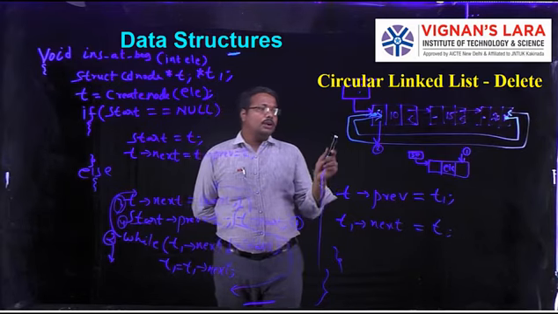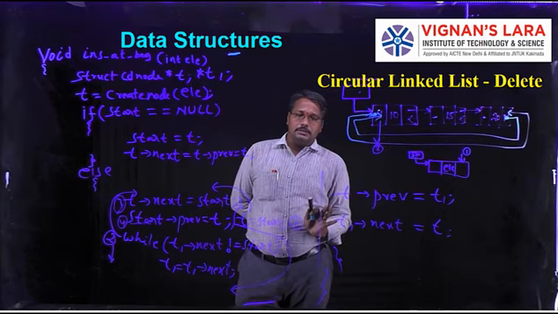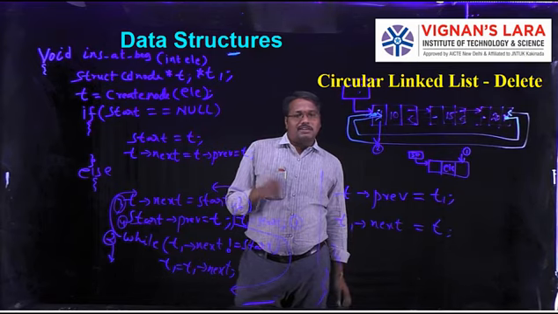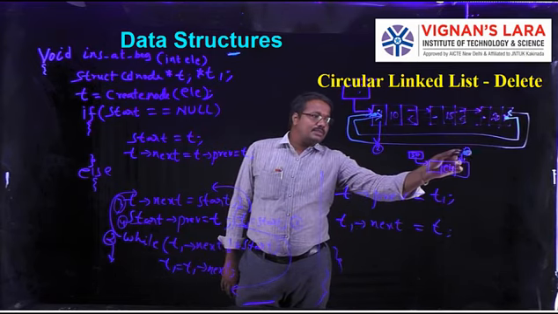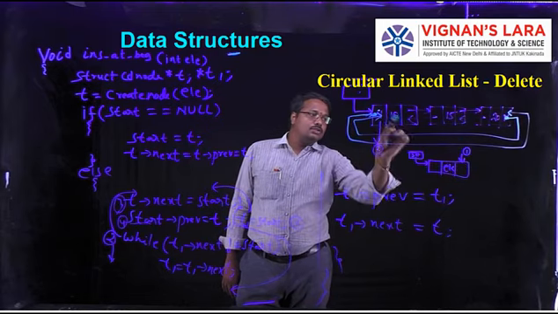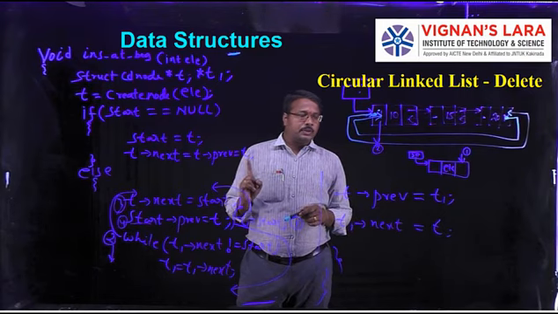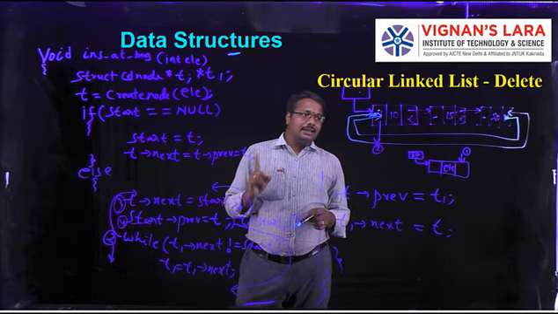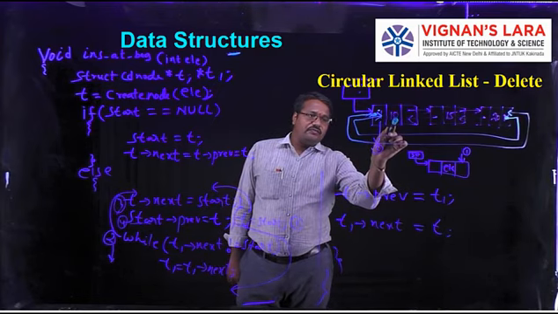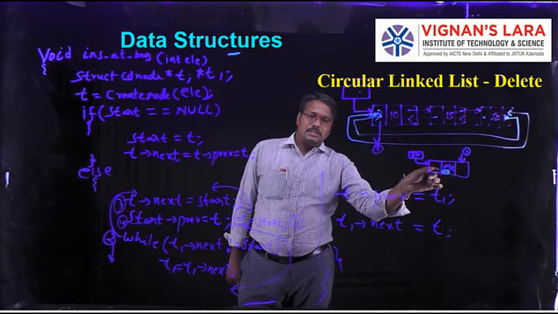So whenever we want to insert a new node at beginning position, there are four operations I want to do. What are the four operations? The first operation is that the first node address should be copied into the new node's next field. The second operation is the new node's previous field having the first node address.